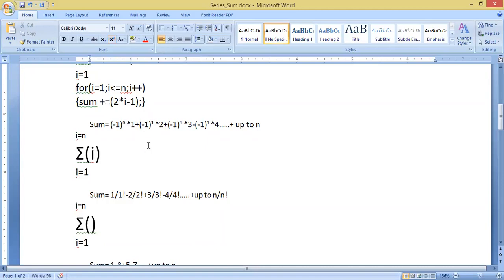So the first term is 0, minus 1 to the power 0, then it will be plus 1, minus 1 to the power 1, then it will be plus 2, minus 1 to the power 2, then it will be... there is something wrong. Okay. Minus 1 to the power 1, it will be minus 2.